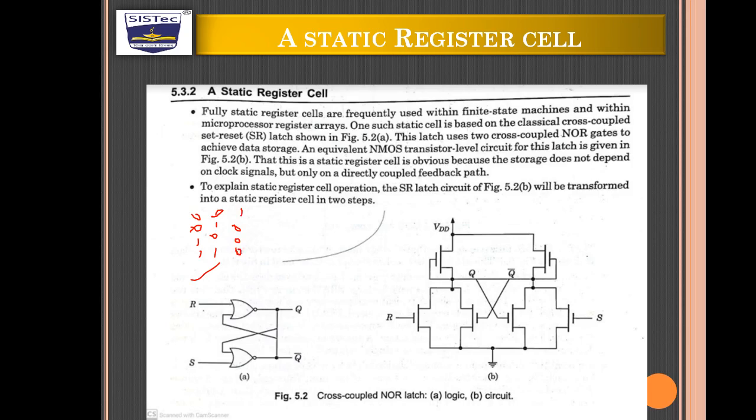So why do we call it a latch? We have two outputs, Q and Q bar, and they complement each other. So this NOR latch stores a 1-bit value, that is 0 or 1.